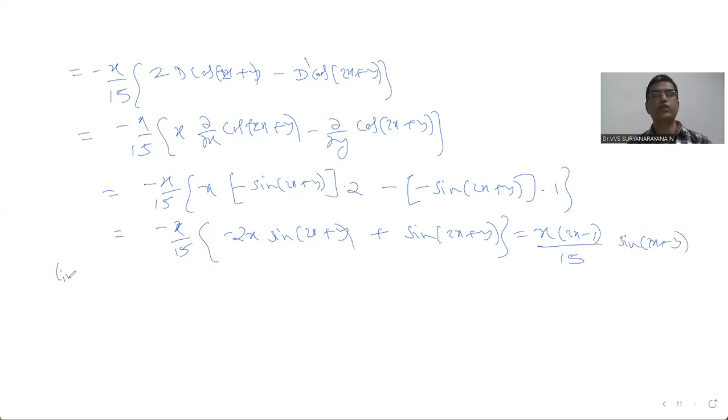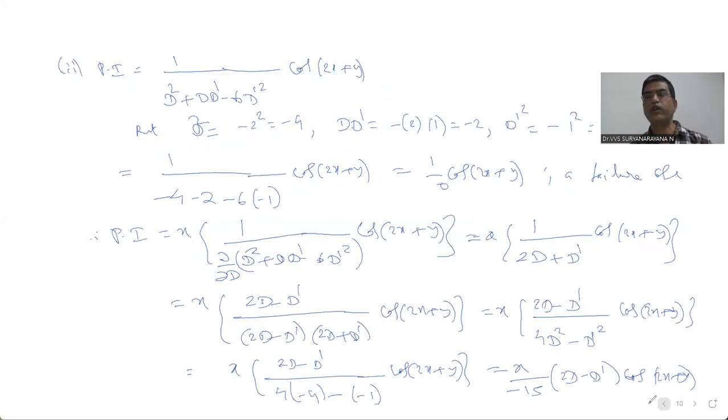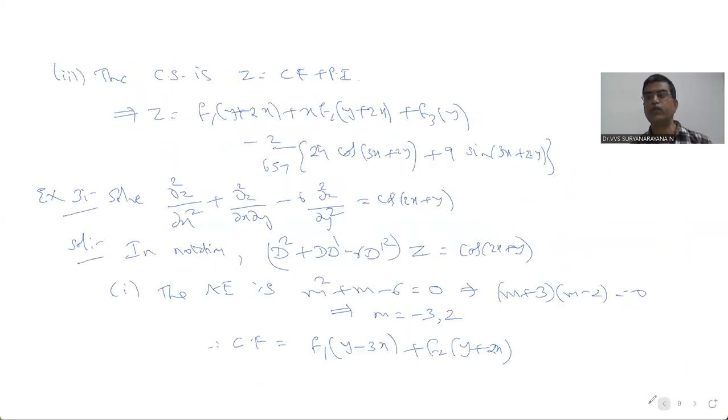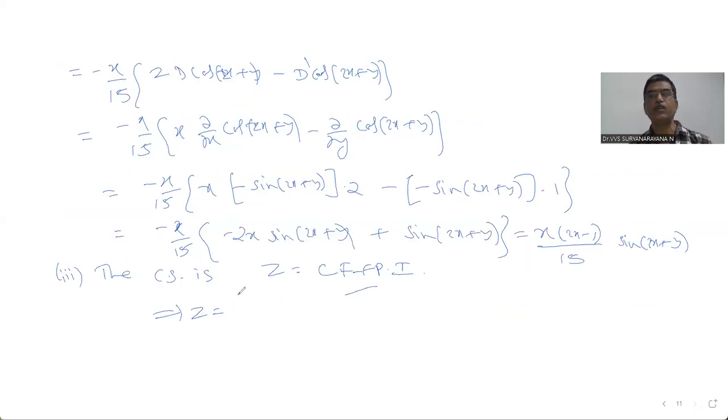Now the last step is the complete solution. So the complete solution is given by z equal to CF plus PI. Already we calculated CF in step number 1. That is F1 of y minus 3x plus F2 of y plus 2x.